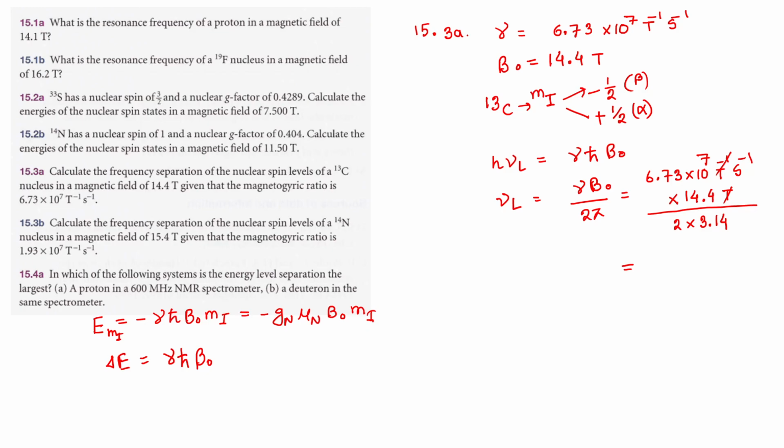So that is coming to something around 154 megahertz. I'm just taking up to the first three digits. So if I write it, it is something like 1.54 into 10 to the power 6 hertz. Hertz is nothing but second inverse, so that's why I have taken that.